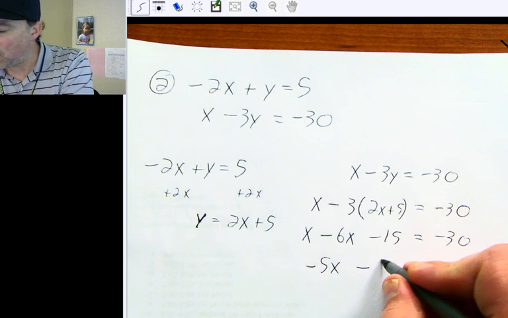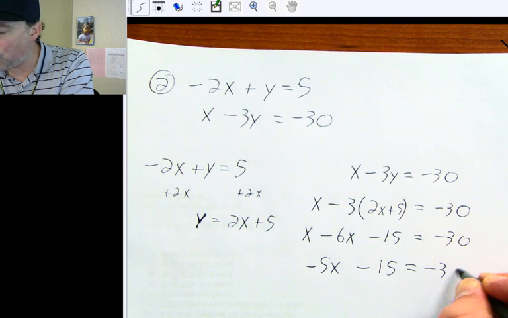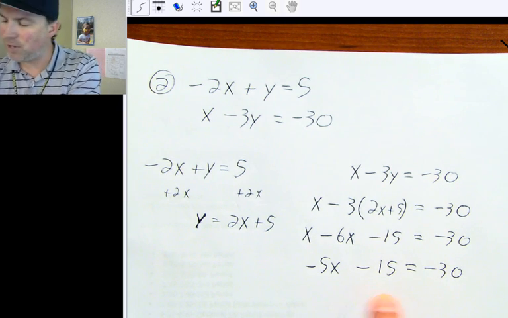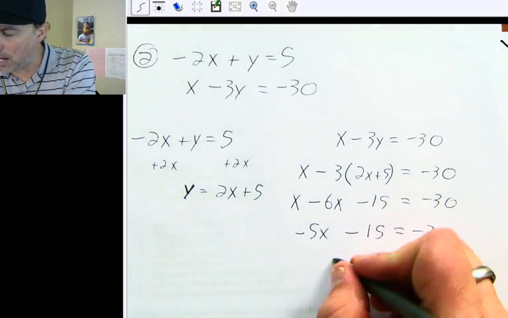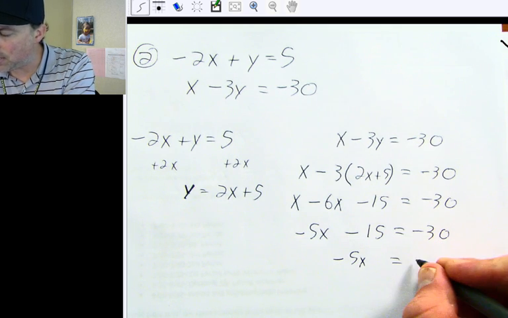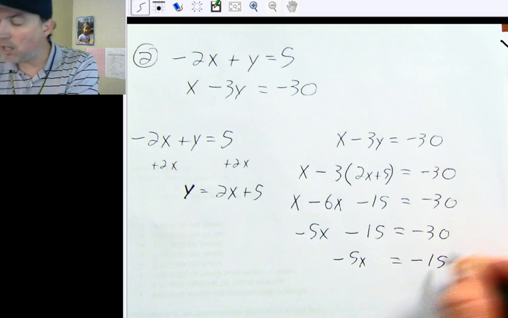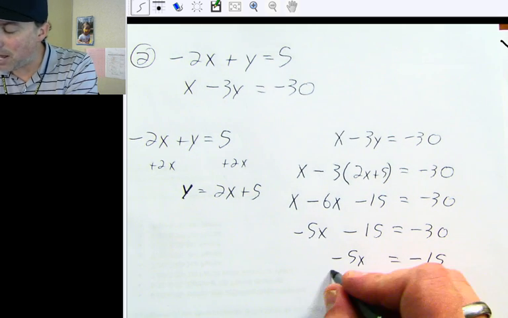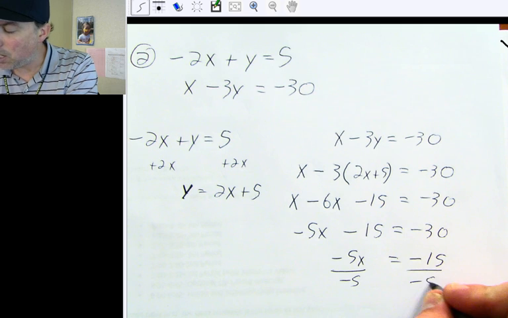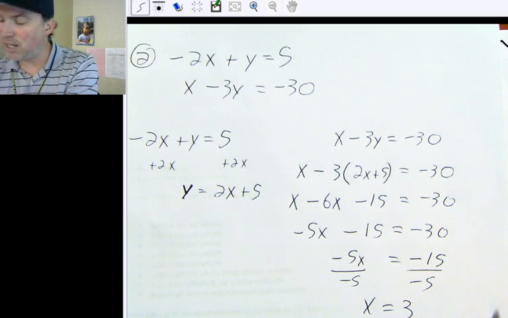So negative 5x minus 15 equals negative 30. I add that 15 to both sides, and I get negative 5x equals negative 15. Divide both sides by negative 5, and it appears that x is equal to 3.